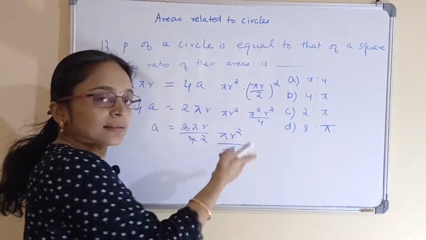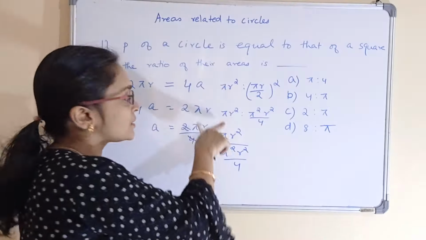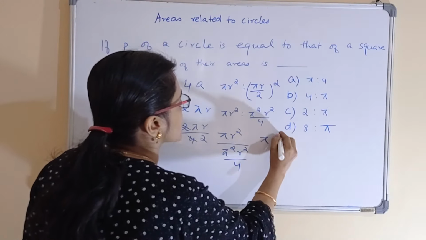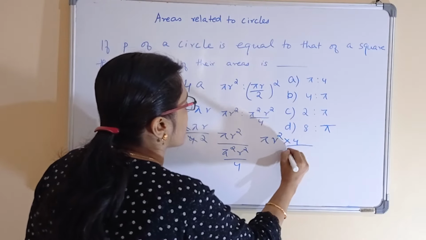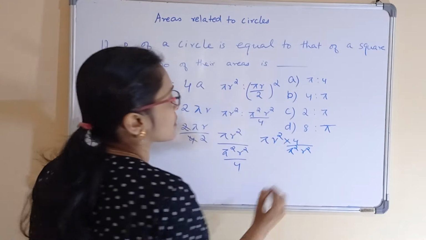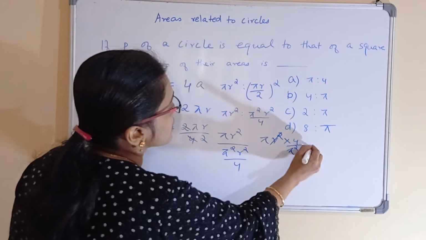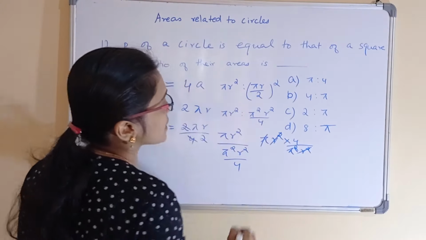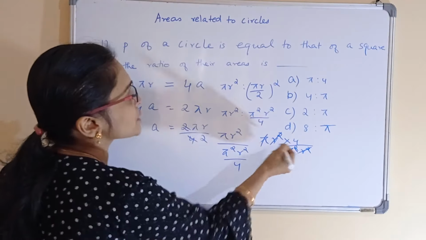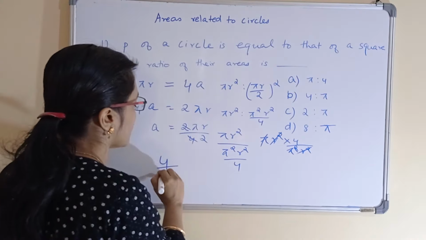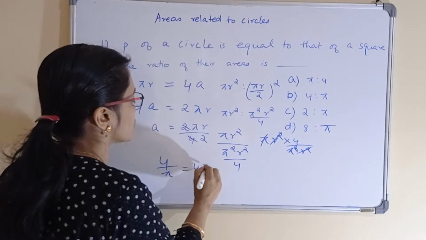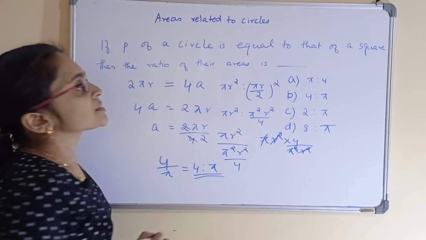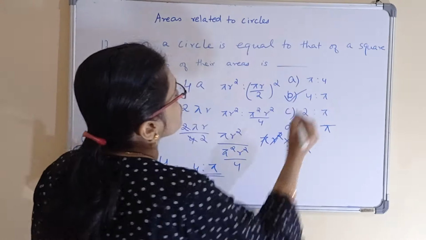So you can take the reciprocal of this and multiply. So you will get pi r square into 4 by pi square r square. So this r square will get cancelled, 1 pi will get cancelled. So what is the ratio? 4 by pi, which is equal to 4 is to pi. So the ratio is 4 is to pi.